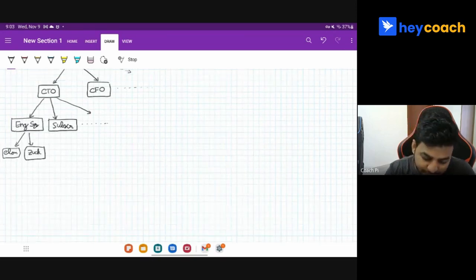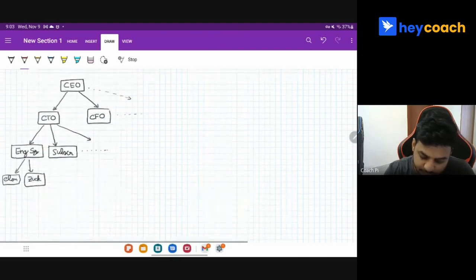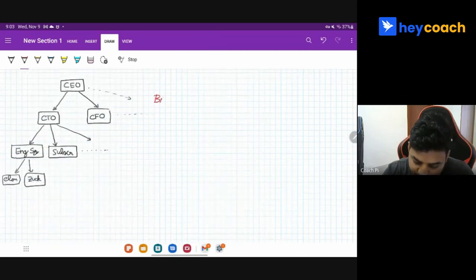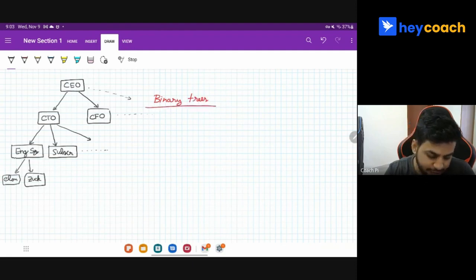Now, what are binary trees? Let's put one thing here, binary trees. Let's see what are binary trees. So here in this example, we can see every parent. When I say parent and child, it is with respect to the direct association.